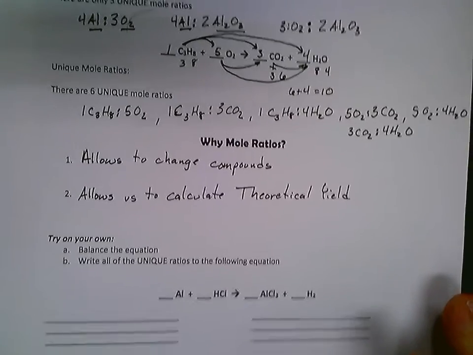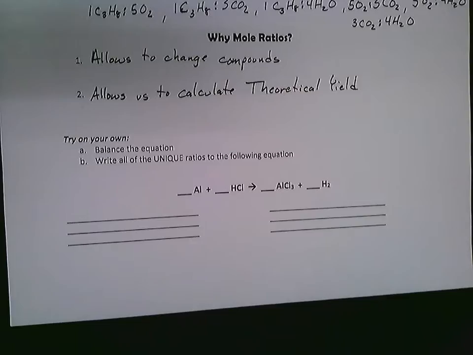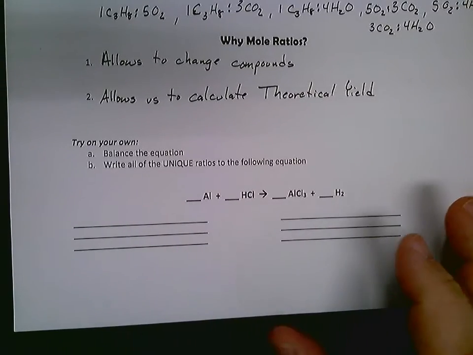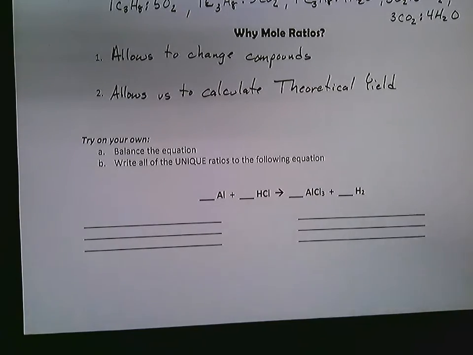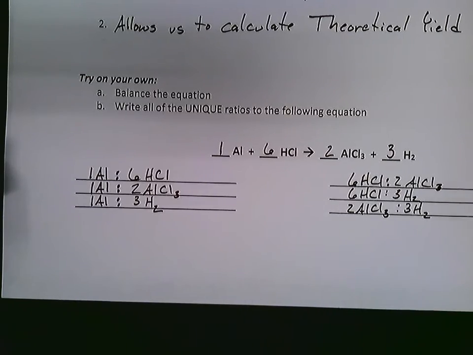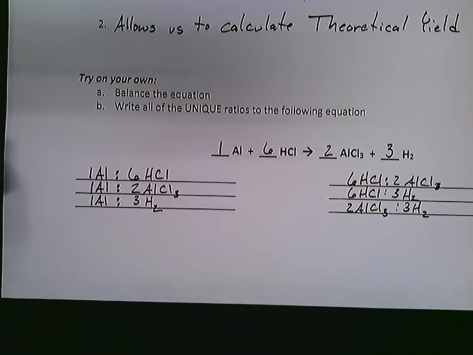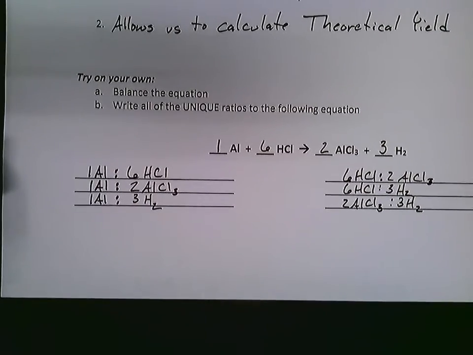Okay. Now, at this time, I would like you to try this one. All right, so please pause the video here and then give it a try. All right, so if you tried that, these should be your answers.